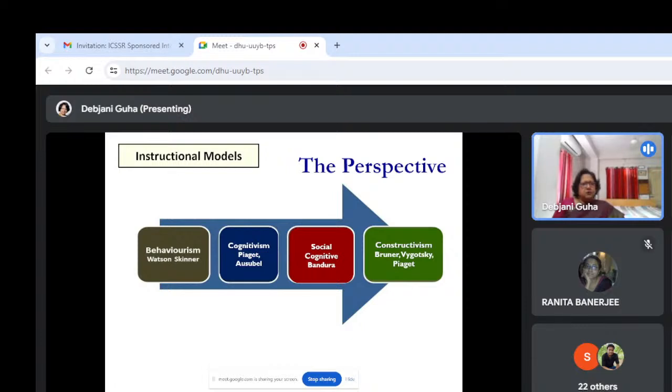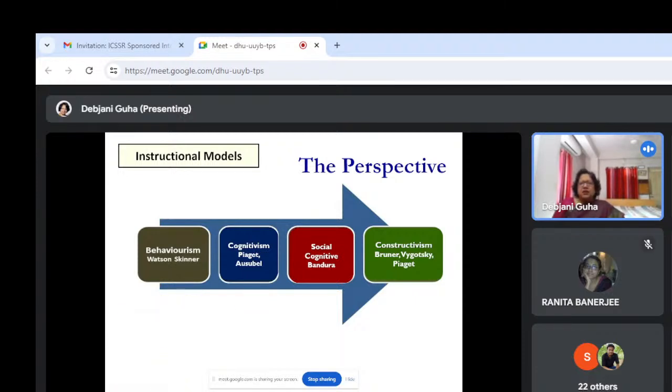The students of the B.Ed course, the students of the MA course, we all know the focus of behaviorism is basically on the observable behavior of the learner, and learning is basically a result of reinforcement and punishment.